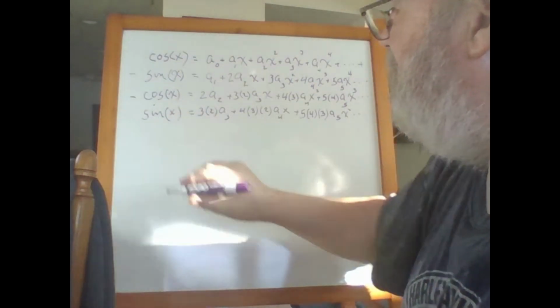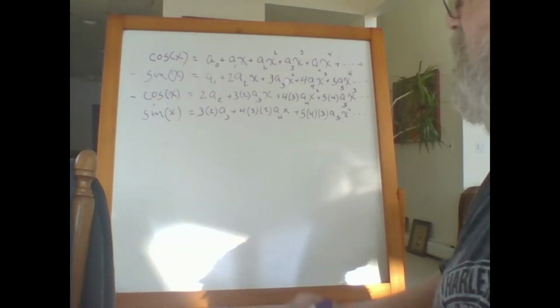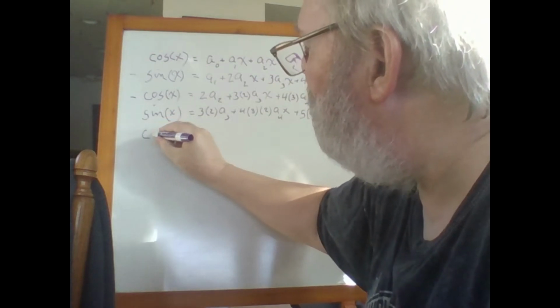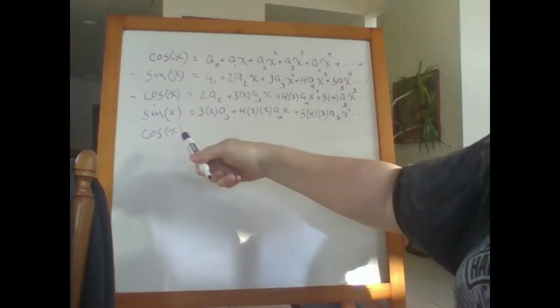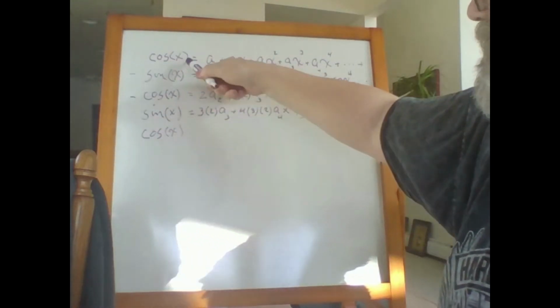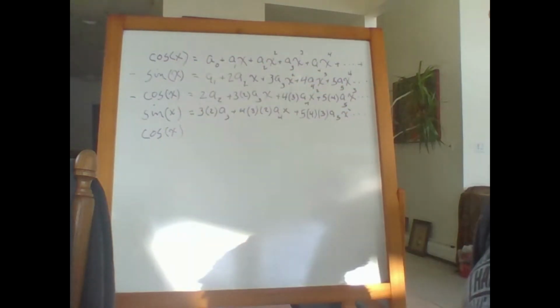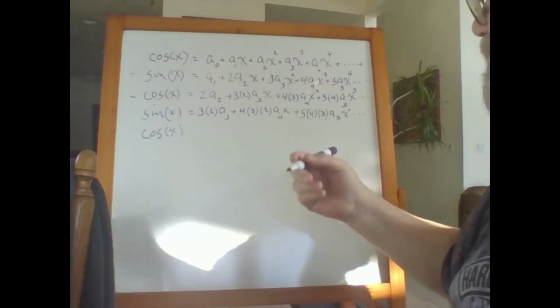And then the derivative of sine is cosine. So we got cosine of x. And you see now we've repeated. You see we started off where we began.